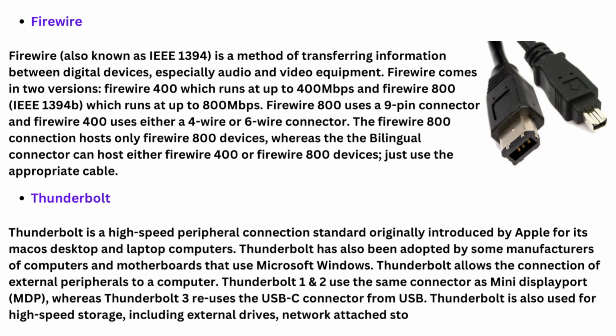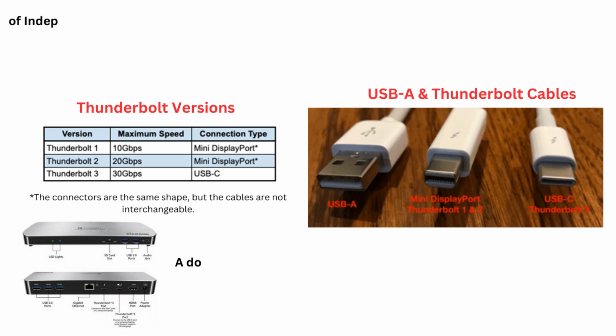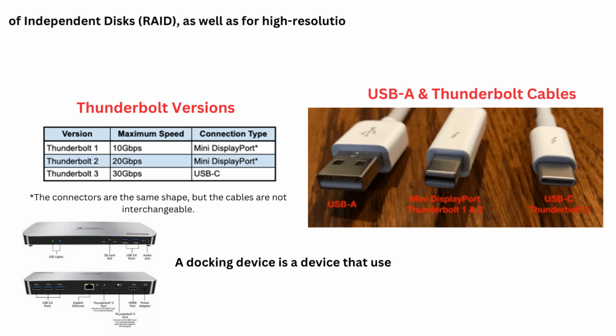Thunderbolt 1 and 2 use the same connector as Mini DisplayPort, MDP, whereas Thunderbolt 3 reuses the USB-C connector from USB. Thunderbolt is also used for high-speed storage, including external drives, network-attached storage, NAS, and redundant array of independent disks, RAID, as well as for high-resolution video.